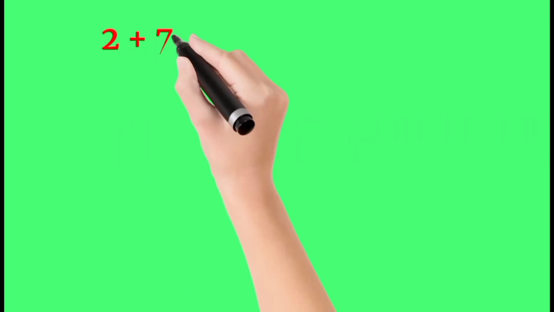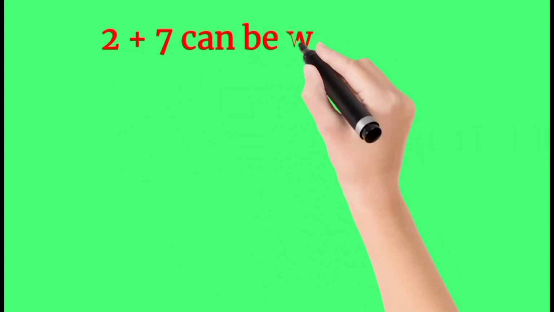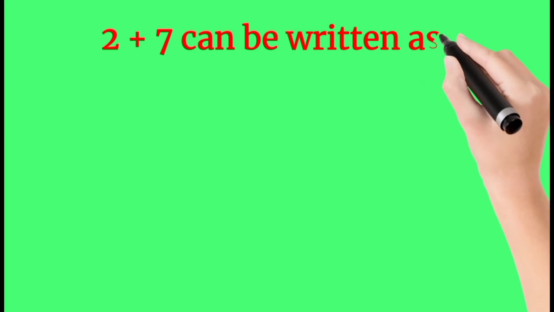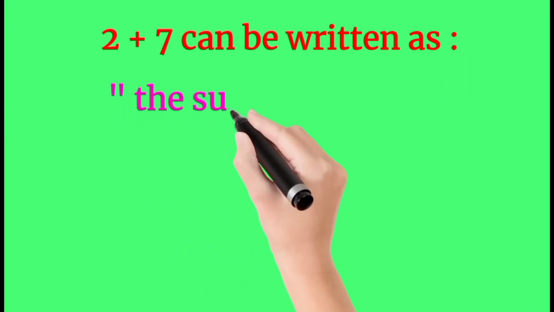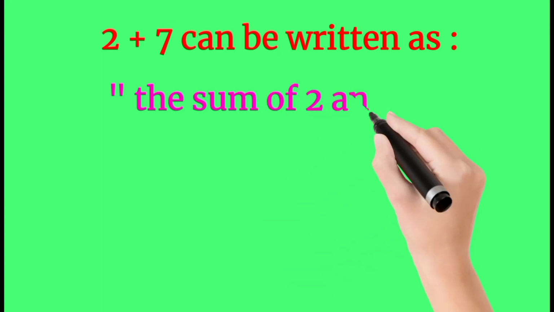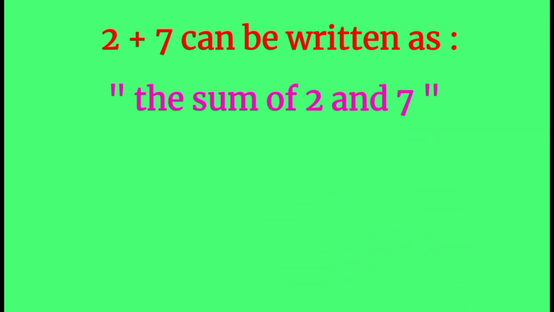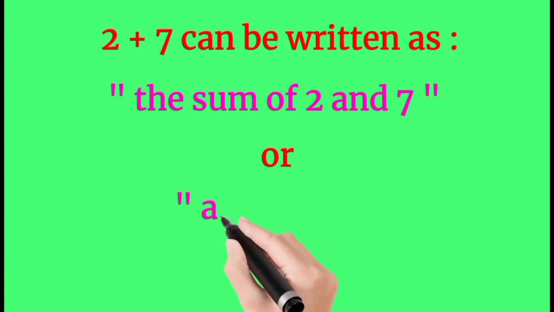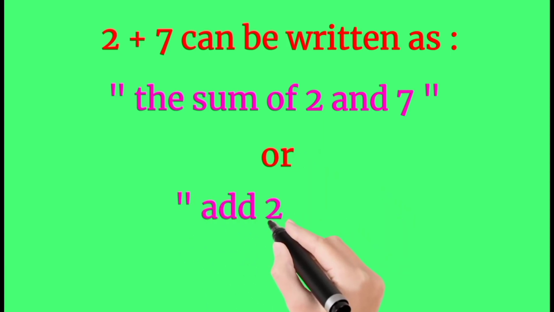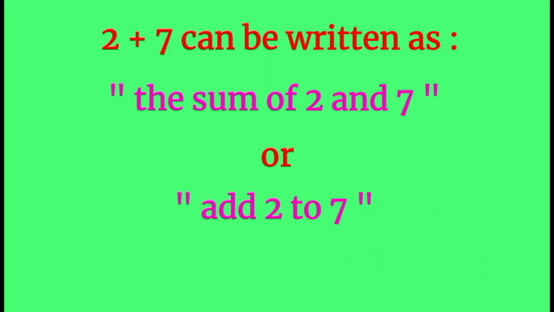Let's take a look at the first example. Now, in this example, as you can see, 2 plus 7 can be written as the sum of 2 and 7. Ordinarily, the layman pronounces it as 2 plus 7. That is not wrong, but it is better if you put it as the sum of 2 and 7.